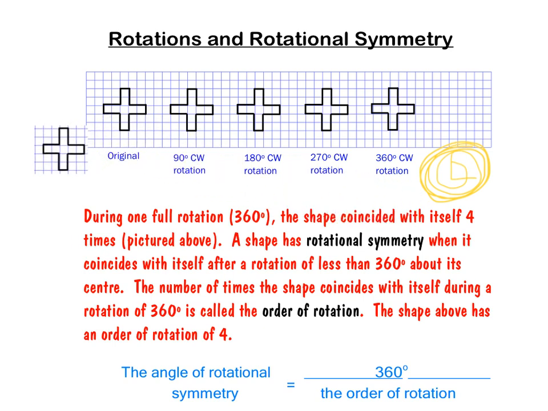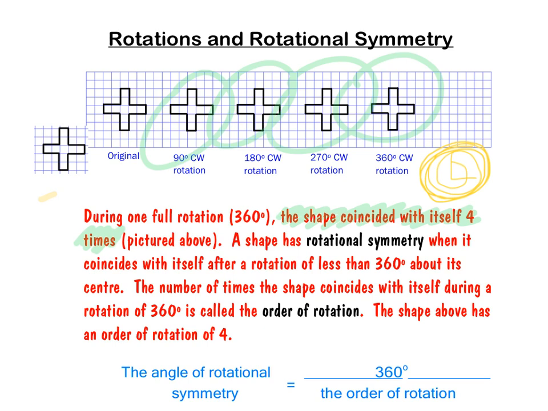So now we're going to look at the nuts and bolts of it and try and decipher the mathematics that are here. During one full rotation, the shape coincided with itself 4 times. Once, twice, 3 times, and 4 times. It didn't do anything more than that.